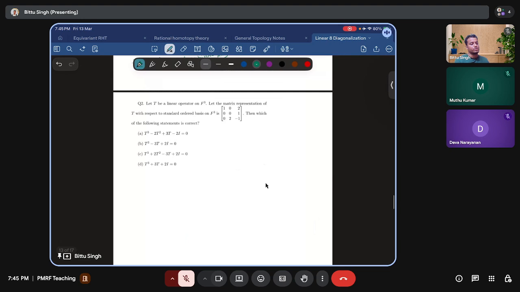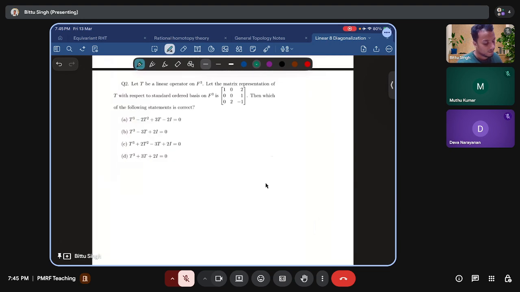Okay, let us solve this question. Here, the matrix representation of T is given by this matrix. Let me denote it by A. And we need to show which of the following are correct. So we know the eigenvalues.